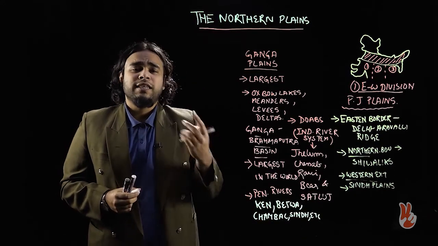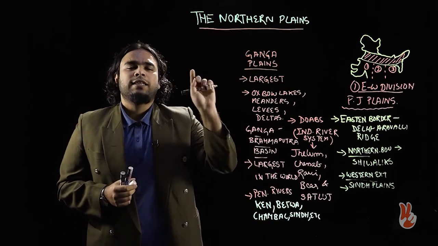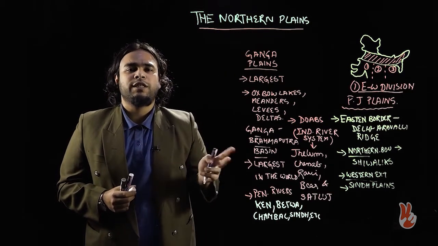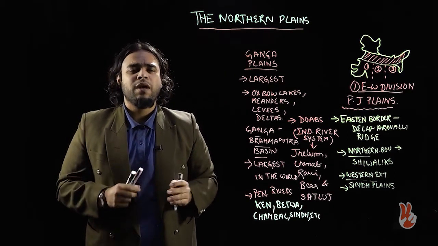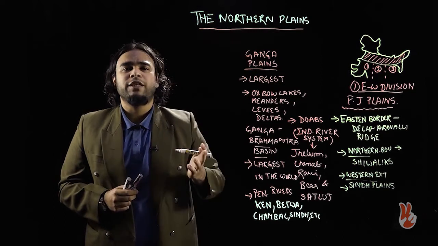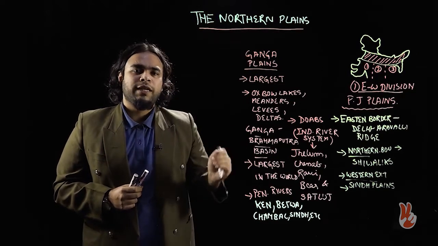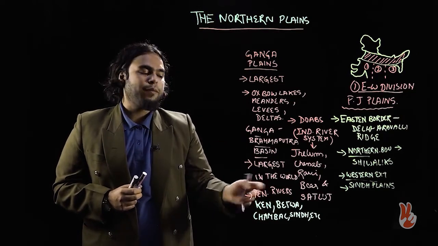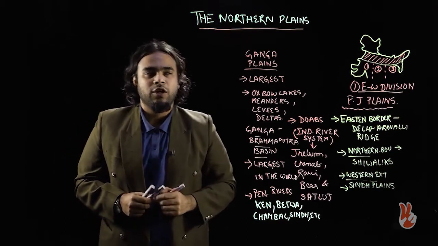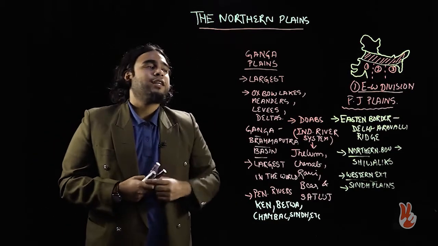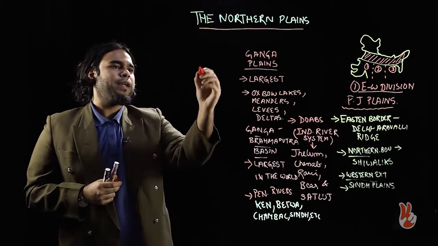So what is another distinctive feature of the Ganga plains? This Ganga plain is drained by two river systems, one from the Ganga river system and the other from the Indian peninsula, which includes your Ken, Betwa, Chambal, Sindh, etc. Okay. Your next important one is your third division, which is your Brahmaputra plain.